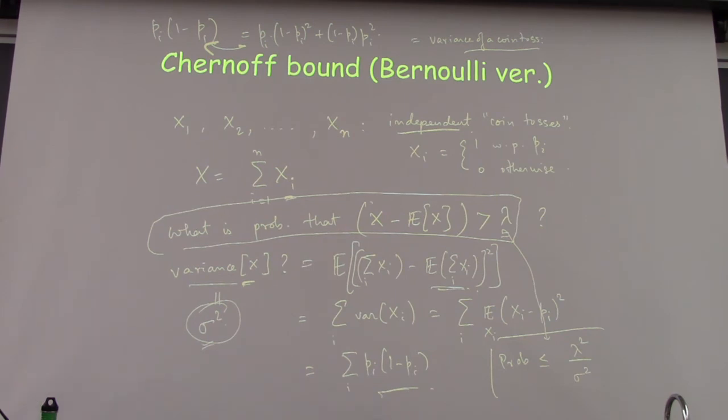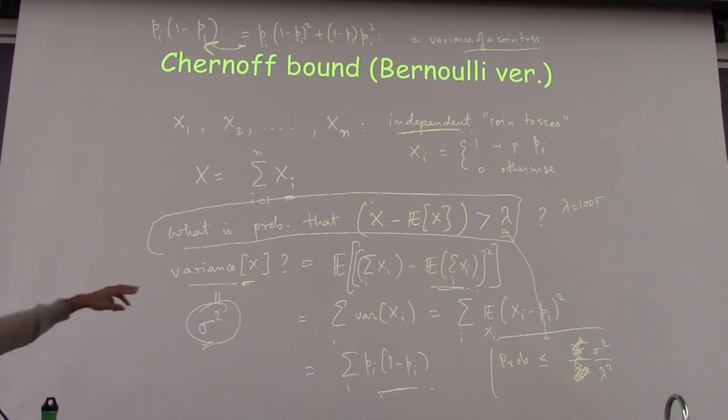And think of lambda as being, let's say, 100 sigma. Oh, I'm sorry, this should be the other way around. So this should be sigma squared by lambda squared. Yeah, this is a typo.